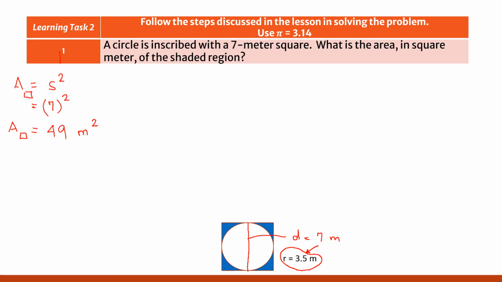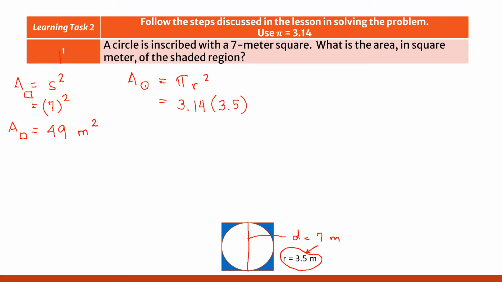Now, ngayon naman, kunin natin ang area of a circle. To get an area of a circle, our formula is pi r squared. So we know na ang pi ay 3.14. In the problem, ang ating radius ay 3.5.